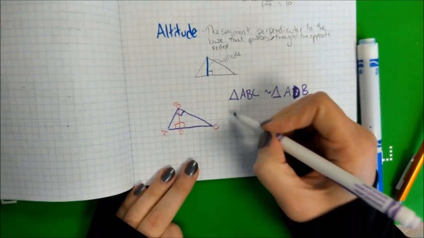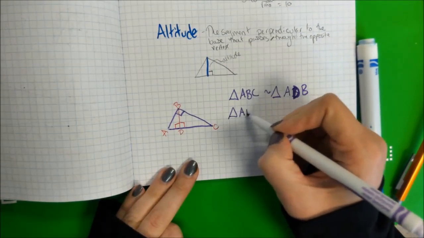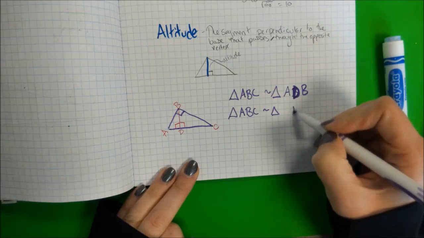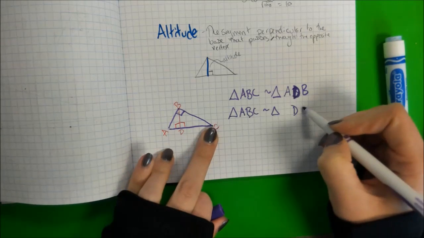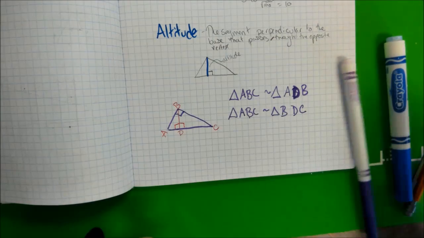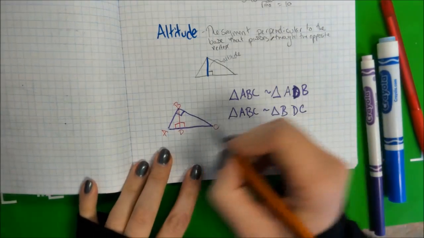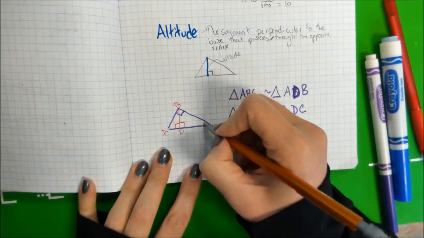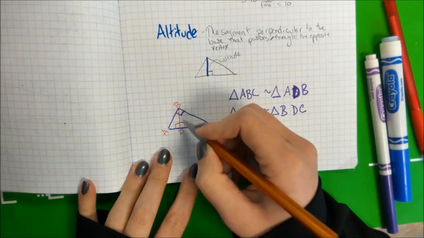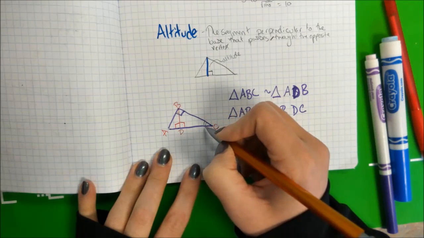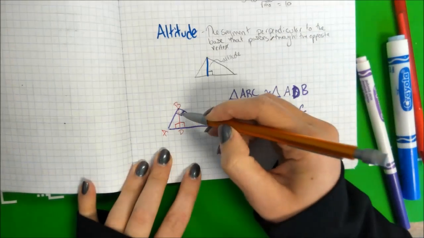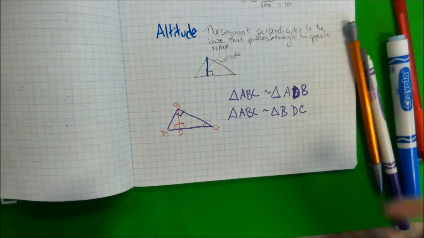Another triangle that's similar to triangle ABC: D is similar to B, C is similar to C, and that leaves B to be equal to A. And you're wondering, which angles am I talking about? Okay, so C is equal to C, that's reflexive. D is equal to B in this little triangle right here, because they're both right angles. And B is equal to A because they're just the third leftover angle.